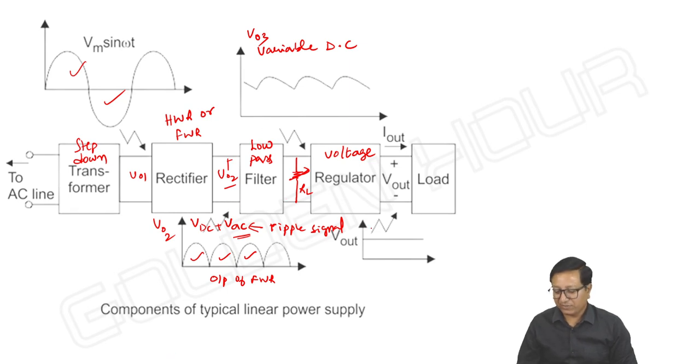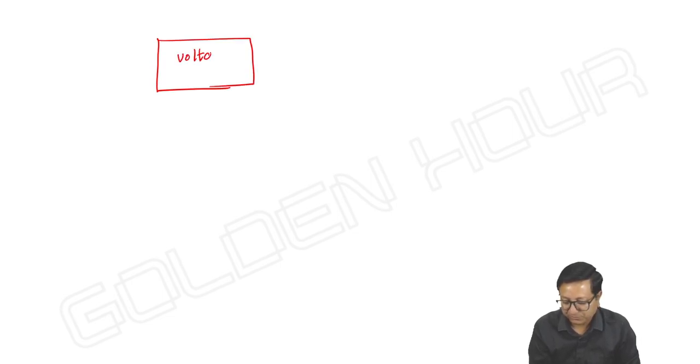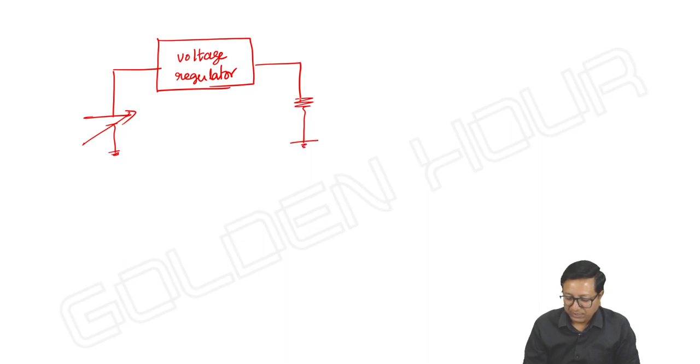That variable DC is converted into a proper DC. Okay, so if I take this one, voltage regulator diagram, whose input is a variable DC, output of the filter, and output load resistor may vary.